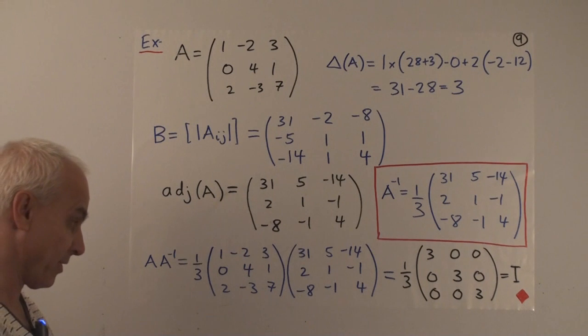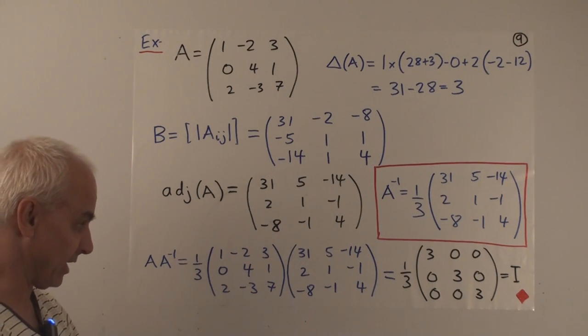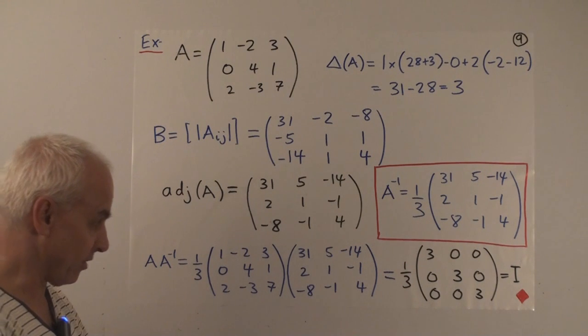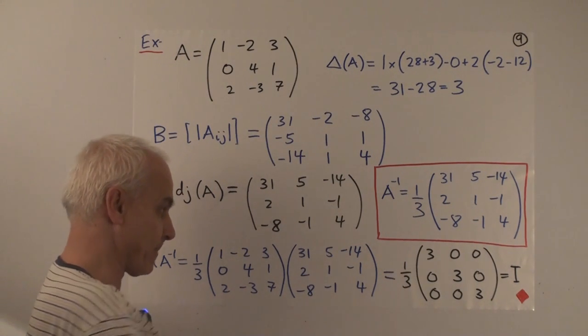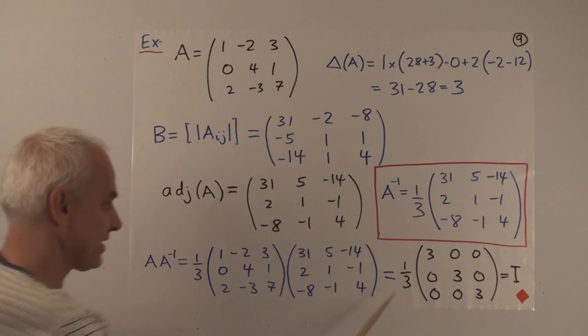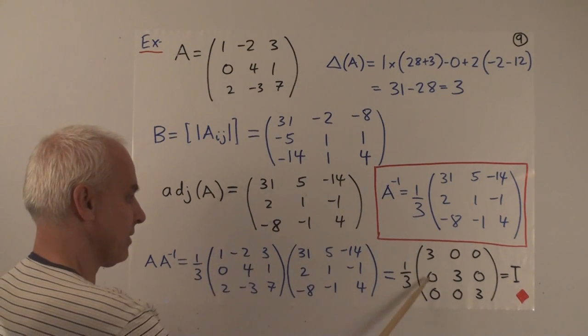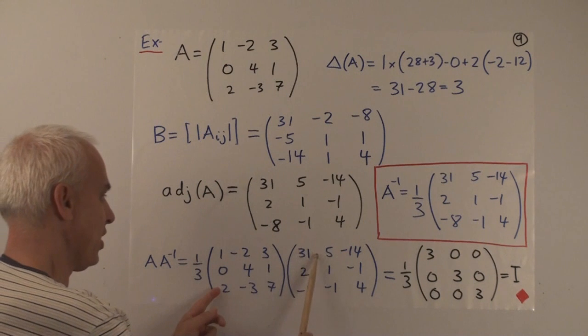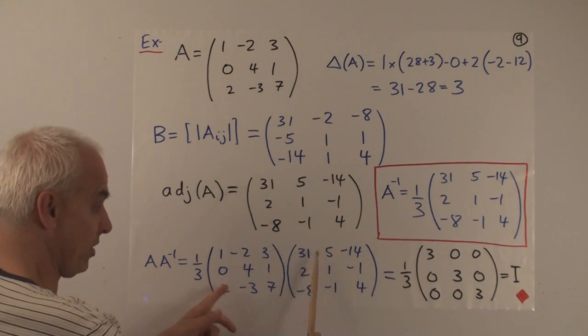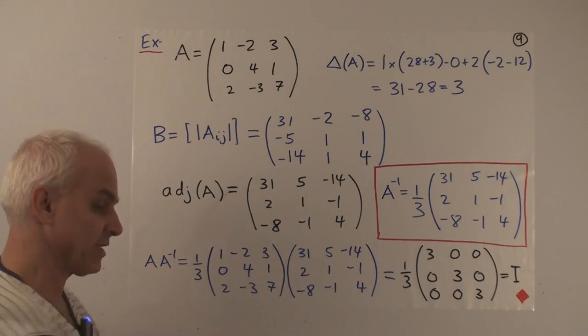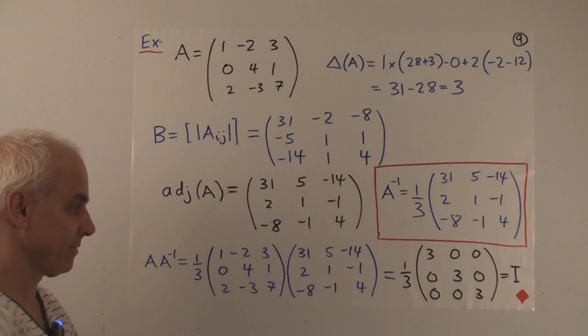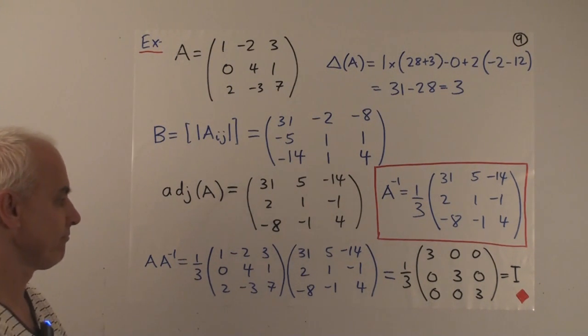A little bit of mental arithmetic. So 31 minus 4 minus 24 is, that's altogether minus 28, that's 3. The next entry, 0 plus 8 minus 8, that's 0. Next entry, 62 minus 6 minus 56, that's 0.